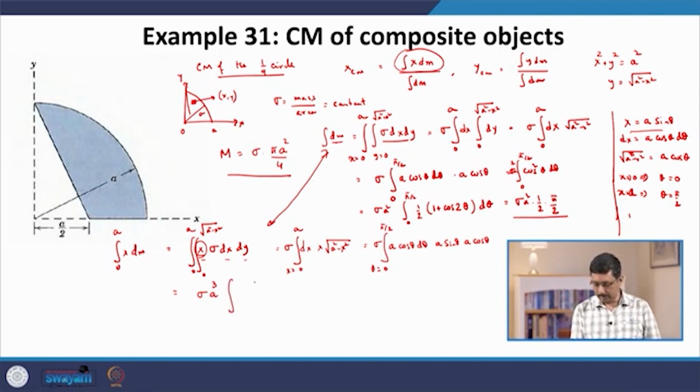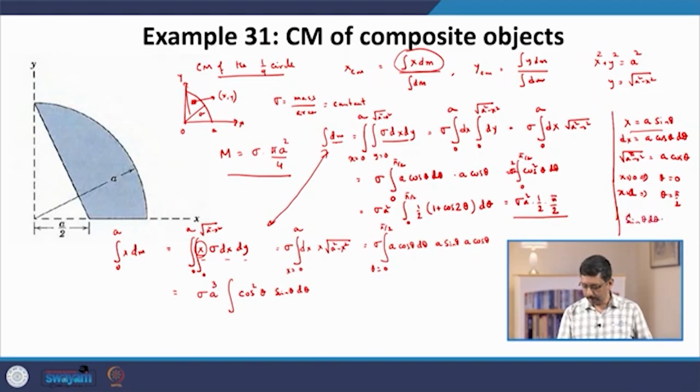So, the rest of the integral variables are: you have a cos square theta sin theta d theta. Now, sin theta d theta is nothing but minus d of cos theta.